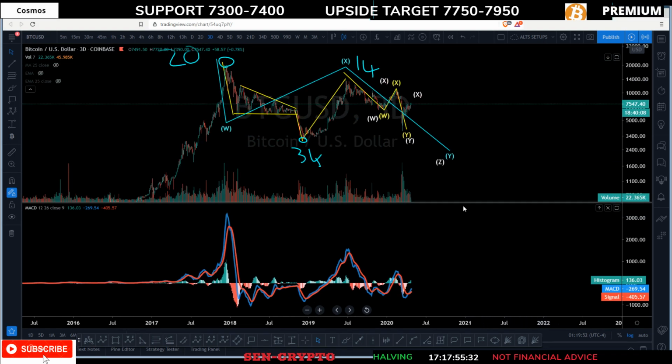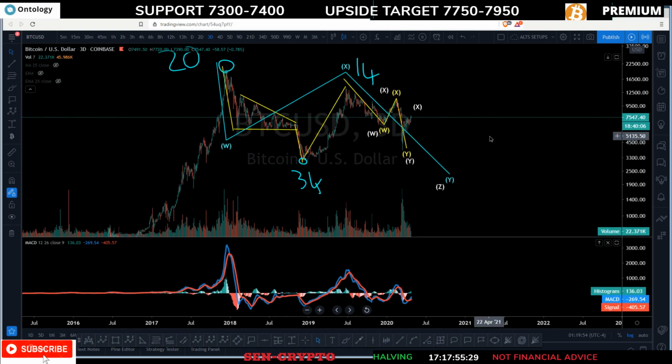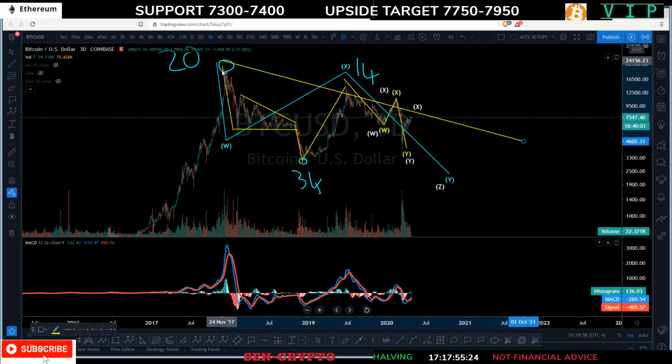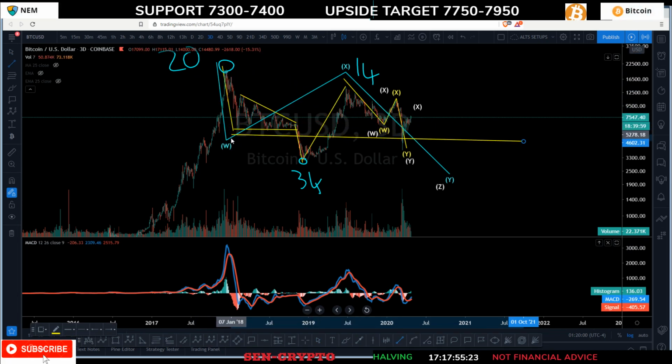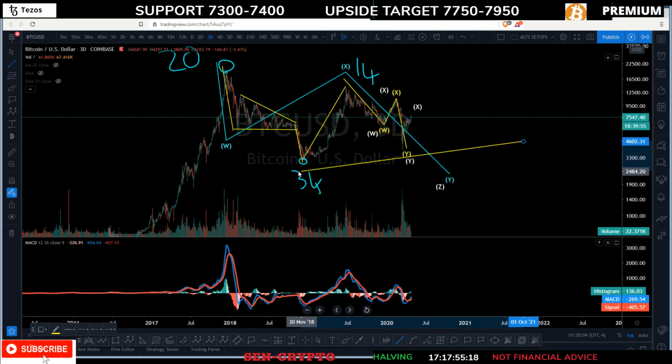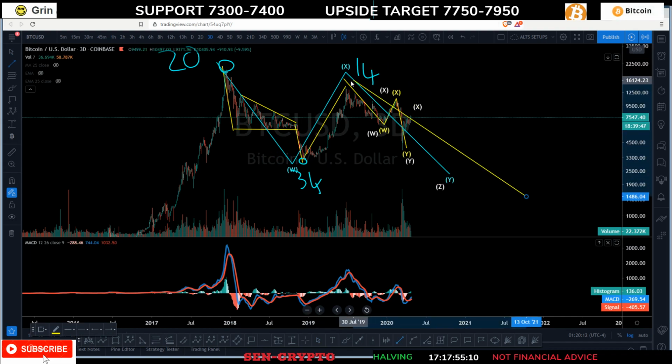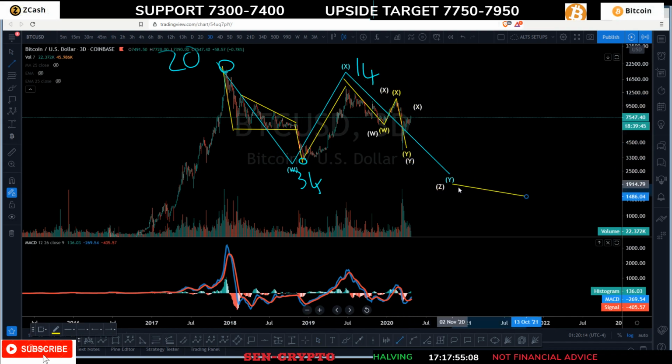If you're new to a WXY correction, I'm just going to repeat it once again for you. As you can see, we got an impulse wave, a three-wave move W, we got this move B, and then we got this move to the downside. So we call this entire move WXY. We call this move right there W, and then we call this one X, and then we're looking for our Y correction.